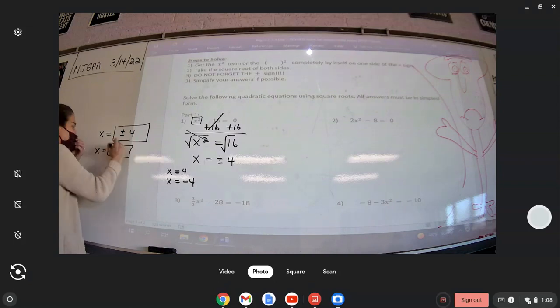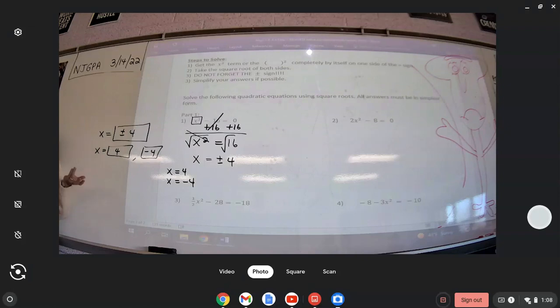So then you could put them in 2 answer boxes if you want. It doesn't matter. It'll mark either one correct, whether you write them as 2 separate or the plus or minus 4 together. Delta Math should take either one, Darian. Okay? And again, that symbol should be given to you in your Delta Math keyboard.